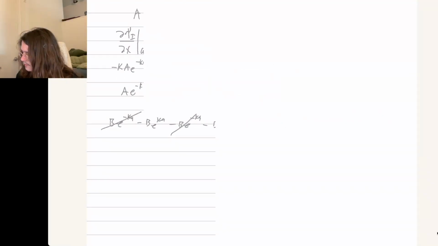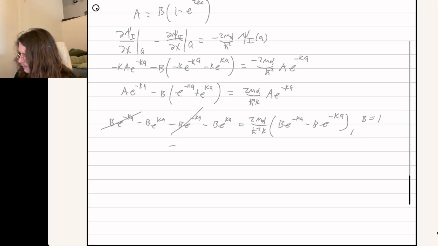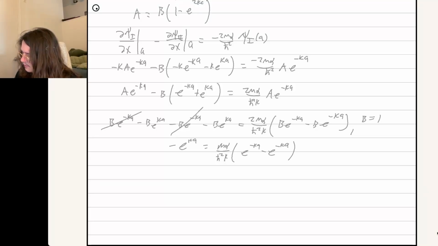But now we have this equation, which looks like minus e to the ka equals m alpha over h bar squared k e to the minus ka minus e to the minus ka. And I'm actually going to just flip the signs on that junk.